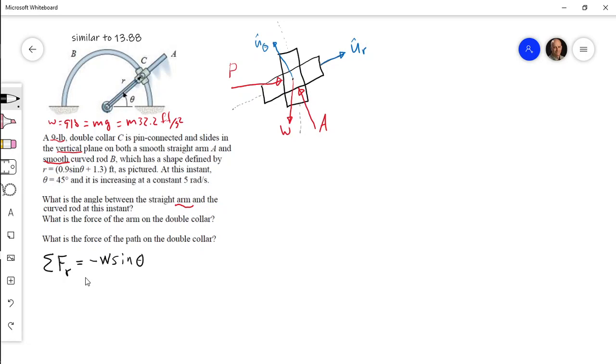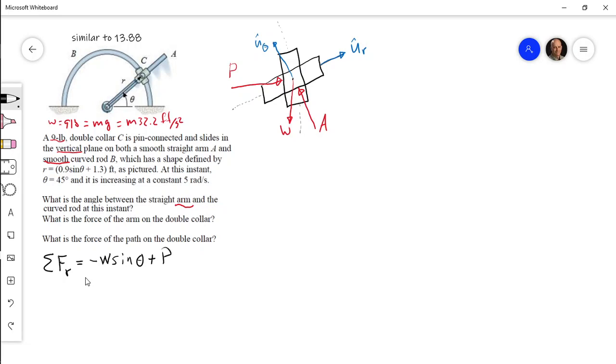The force of the arm is exactly aligned with the theta direction. It's perpendicular to the radial direction, so that won't show up in here at all. And we will get a component from the normal force from the path, and that is in the radial direction approximately enough, so that's plus P.